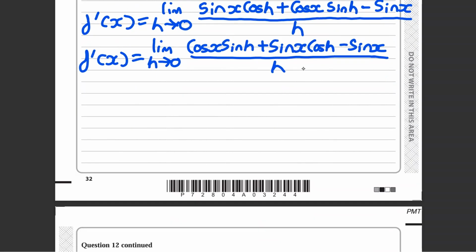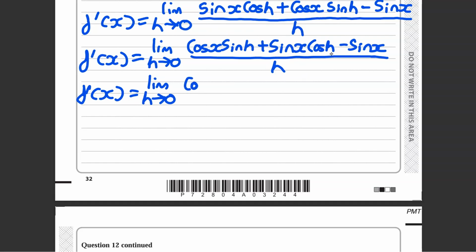So what we can do now, f dash of x is equal to the limit as h approaches 0 of, so we're going to split up, because we've only got one term in the denominator and we've got three terms in the numerator. We can split this up.